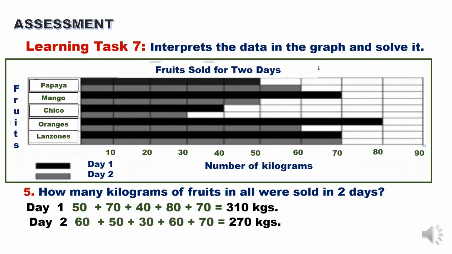For day 2, 60 papaya, 50 mangoes, 30 chicos, 60 oranges, and 70 lanzones, with a total of 270 kilograms. Then, let us add 310 plus 270 equals 580 kilograms.